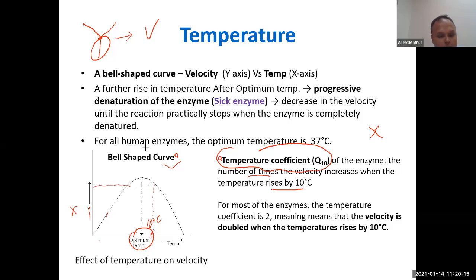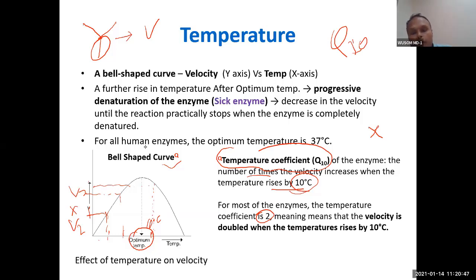Here is one velocity, V1. Here is the second velocity, V2. If you change the temperature, you see how many times this velocity has changed. Generally, when you change the temperature by 10 degrees Celsius, the velocity changes by 2 times. And this is called the rule of Q10.